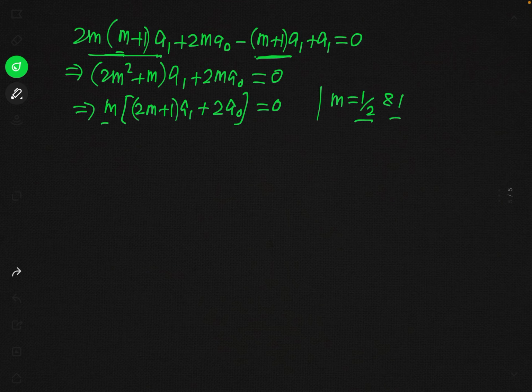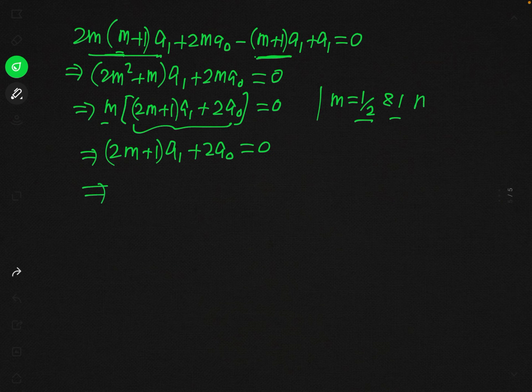So m is not 0. M has two values and both are non-zero. So definitely this bracketed term will be equal to 0. So you can say that this implies (2m plus 1) into a1 plus 2a naught is equal to 0.